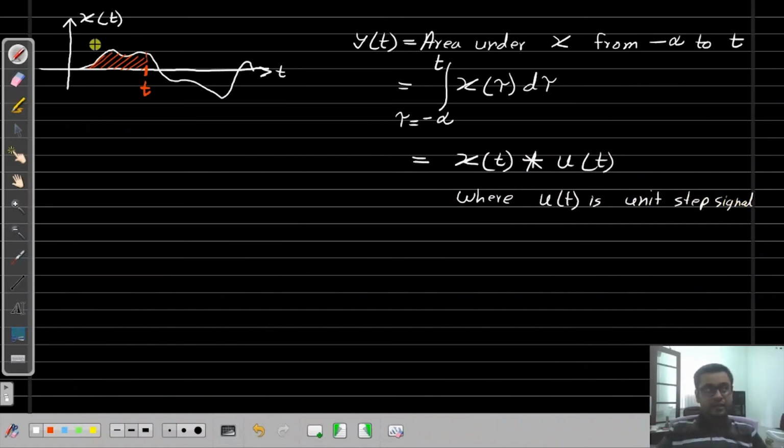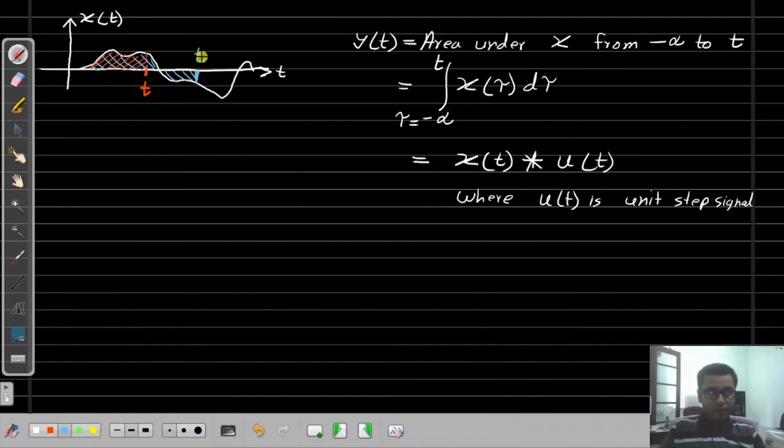And if you change the value of time t, say you change it to this point, and you want to calculate the total area from minus infinity up to this point, that is the value of y(t).